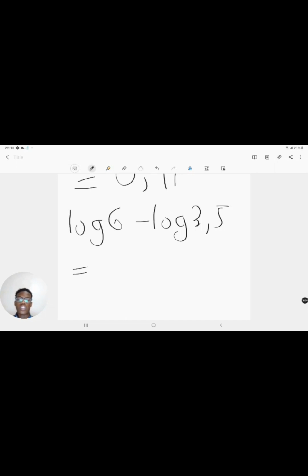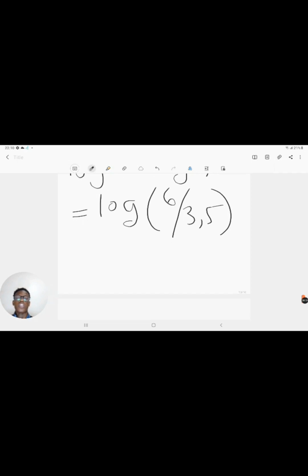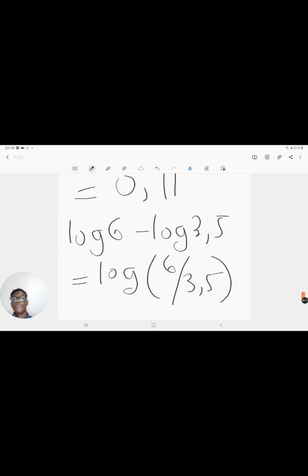We know that according to the second law, since the bases are the same, you write the log just once, and then you divide these two numbers. So you're going to have log of 6 divided by 3,5. Okay, and then you can simplify that further. You can punch it into your calculator, and then you can solve. Okay, let's show you another example.